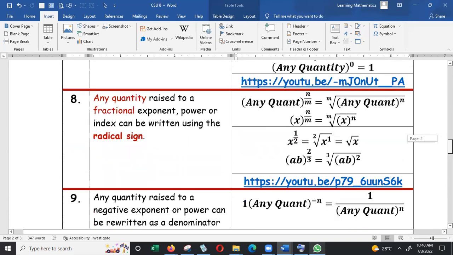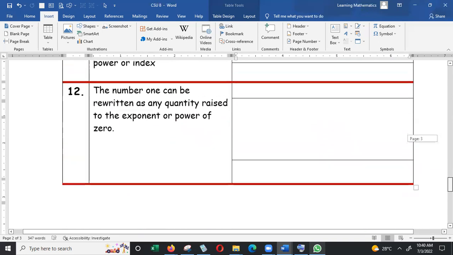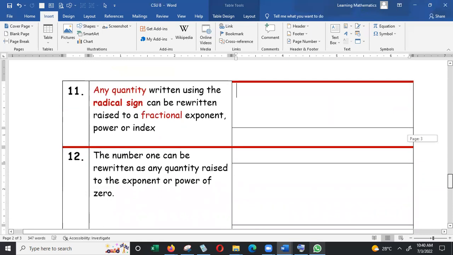So if we start with 1, we can rewrite it using x to the 0. If we start with a radical sign, we can rewrite using the fractional exponent. Any quantity written using the radical sign can be rewritten or raised to a fractional exponent, power or index.